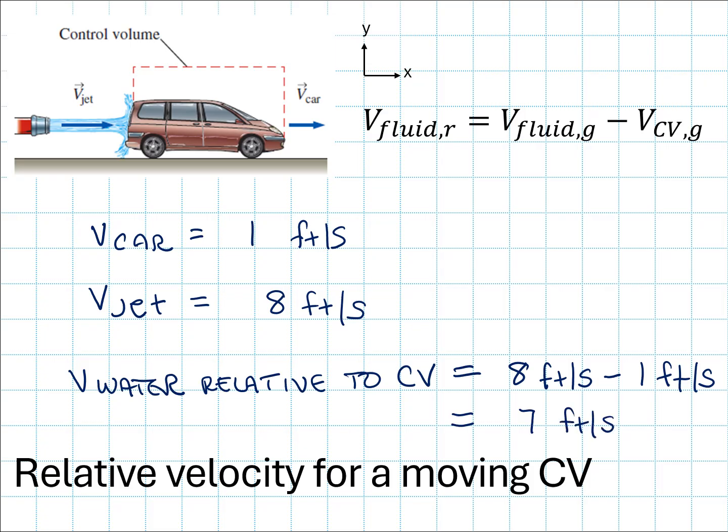So the relative velocity that I'd want to use in my analyses would be 7 feet per second. So the particles of water are actually entering my control volume at a rate of 7 feet per second, even though my jet is moving faster than that, because I'm concerned with how fast the water particles are moving relative to the control volume, not relative to the ground.